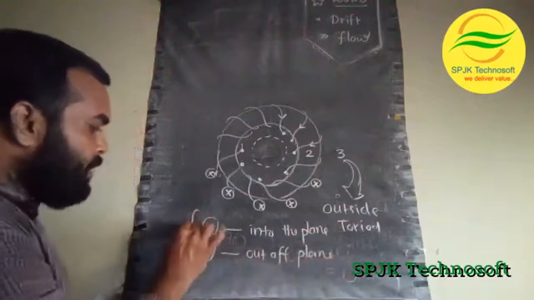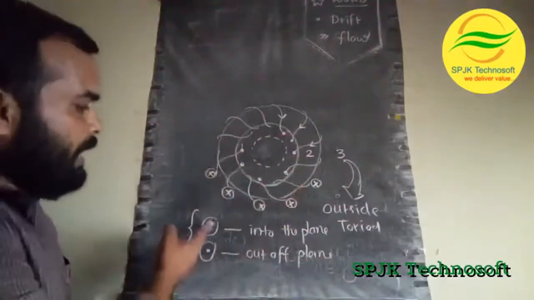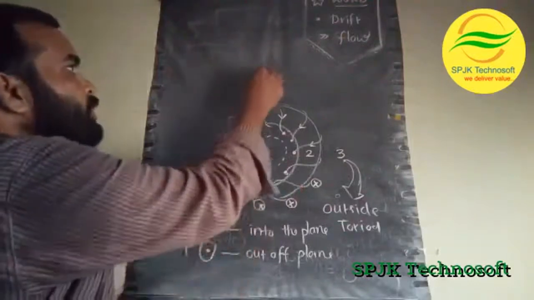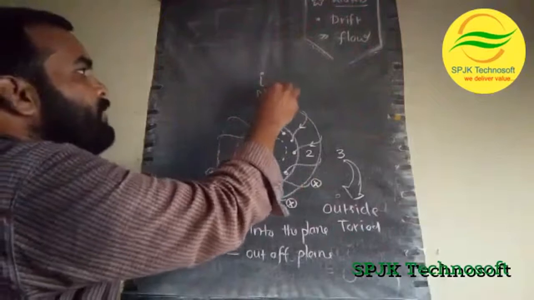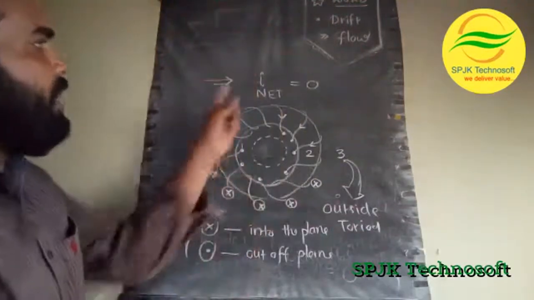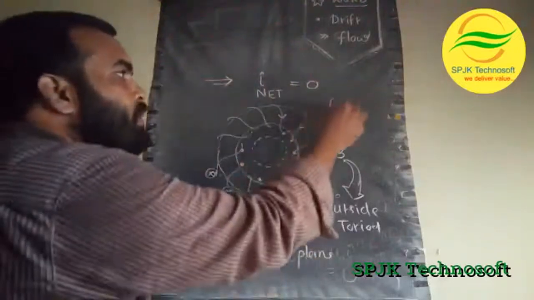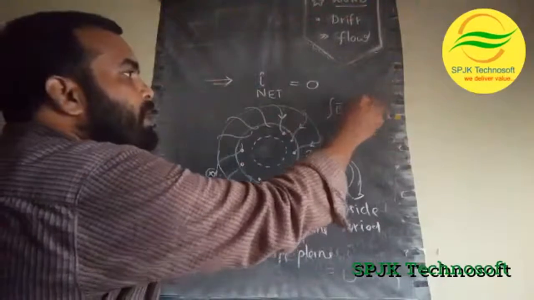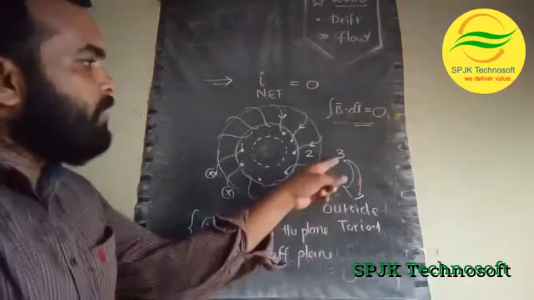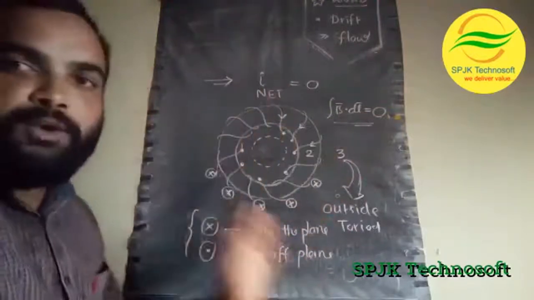By the combination of these two, inside and outside, the currents are flowing, so the net current will be zero. Whenever the net current is zero, again according to Ampere's law, integral B dot dl becomes zero. Means outside the toroid also the magnetic field is zero. No need to calculate outside also.